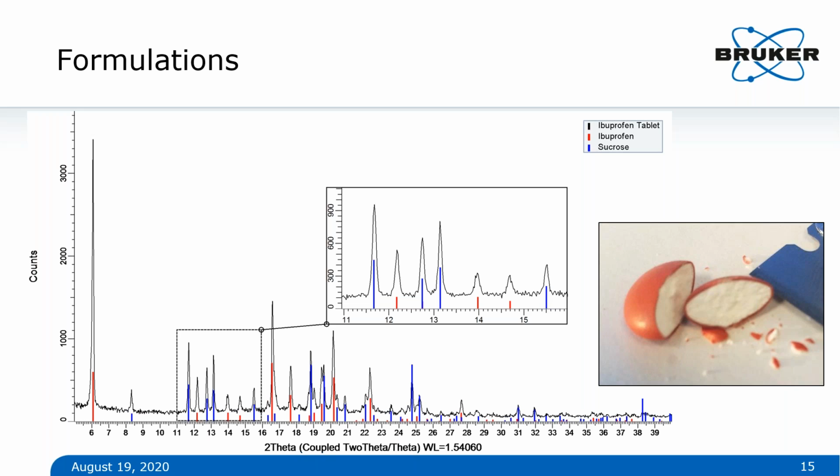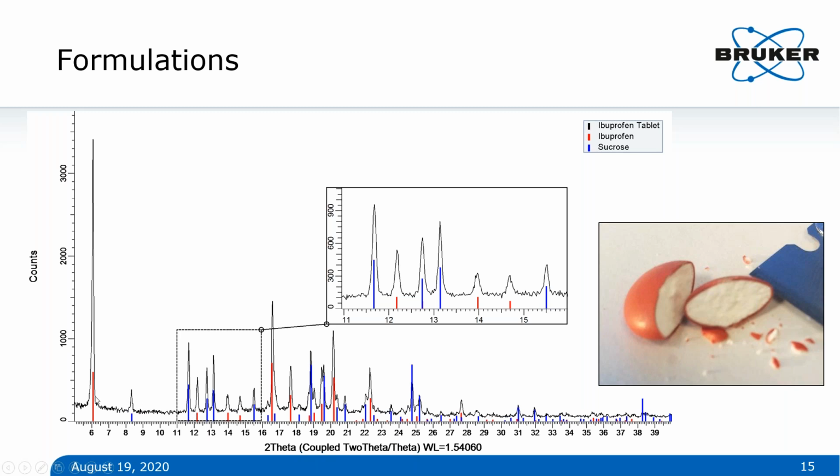Okay. If we look at one of those over-the-counter formulations, here we're looking at not just an API, but we're also looking at an excipient phase. So these are ibuprofen tablets that are covered in a little bit of a crisp shell here. And when we grind the entire tablet up, what we find is that by matching this to a database of known materials, we see a positive identification for ibuprofen, which are the red peaks here, and sucrose or table sugar here in blue.